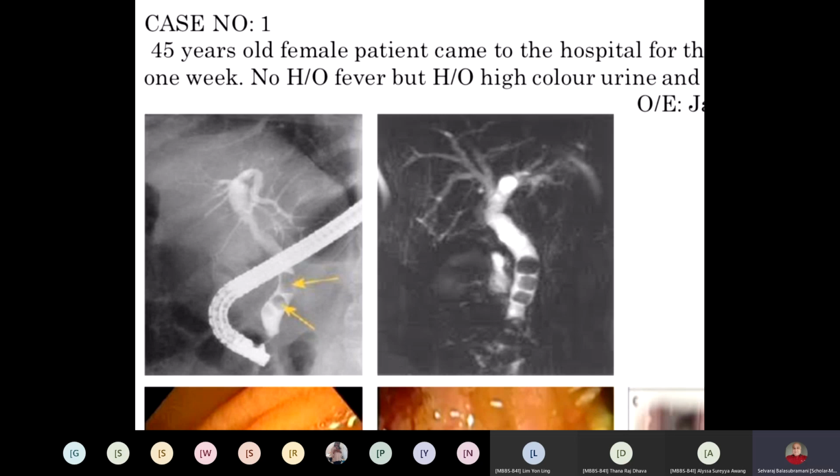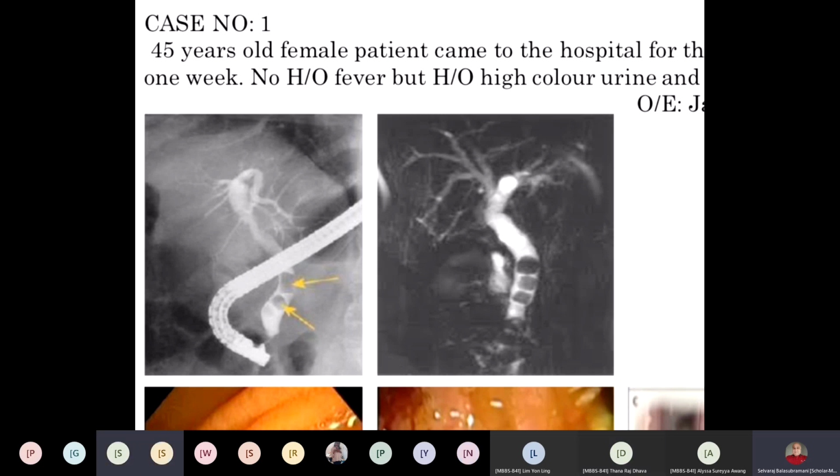Can you tell me the findings in both the pictures? Presence of stones in the bile duct in both pictures. In both pictures, you are seeing some filling defect: 2 stones in figure 1 and 3 stones in figure 2. Apart from that, what else are you seeing?